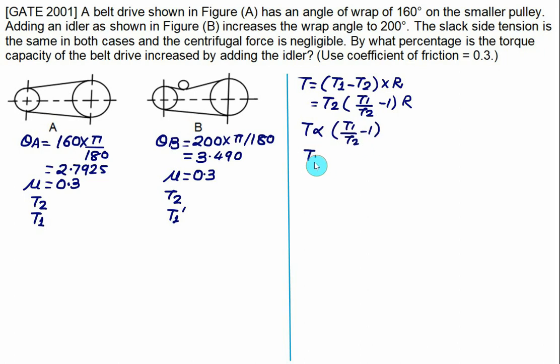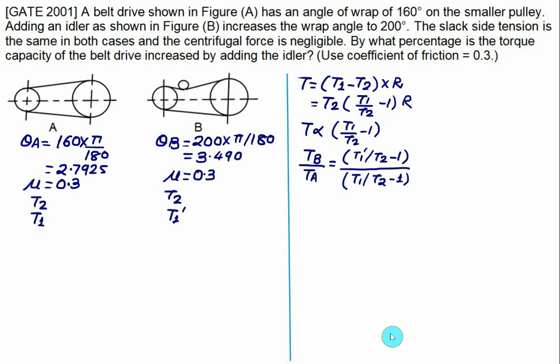Therefore, torque in the second case with idler divided by torque in the first case without idler is equal to T1 prime by T2 minus 1, divided by T1 by T2 minus 1.